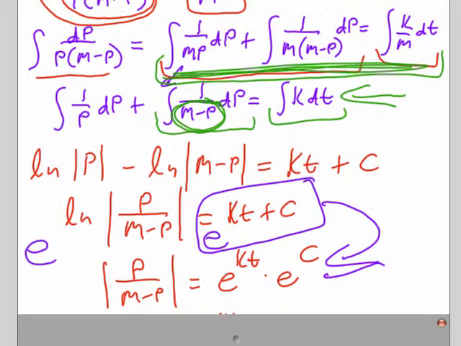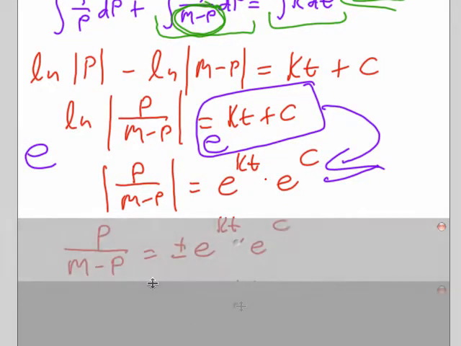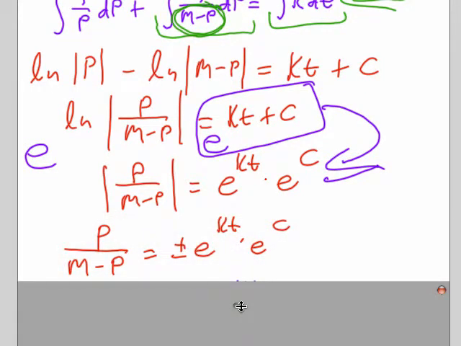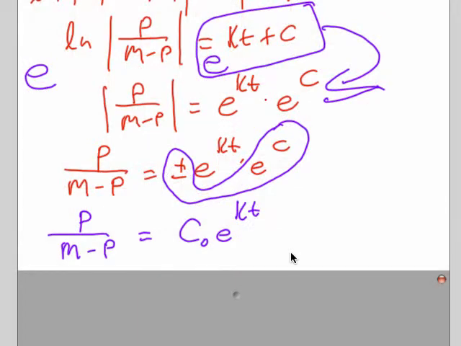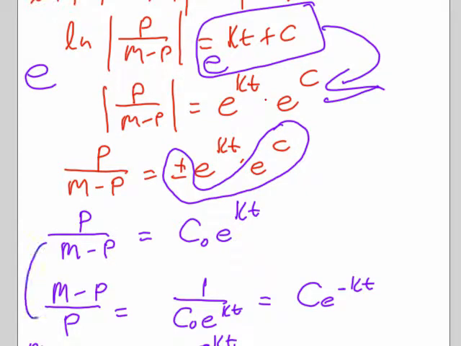The absolute value is plus and minus, so I can move my plus and minus as shown. And then e to the C multiplied by my plus and minus is going to become one grand constant, C naught. Now I'm going to reciprocate both sides, and so that becomes this.